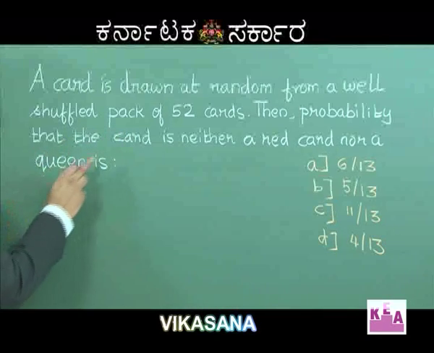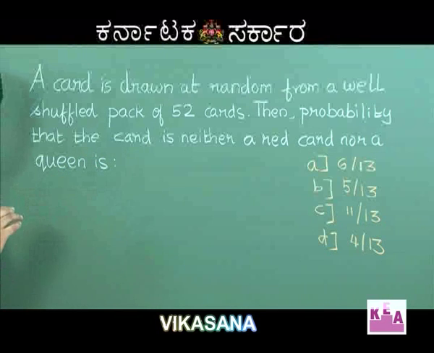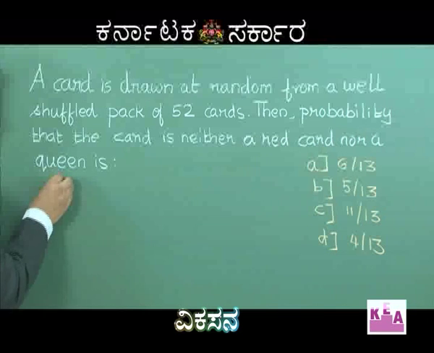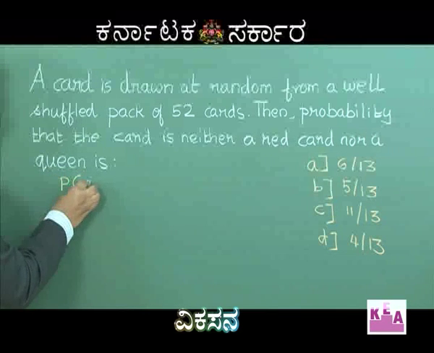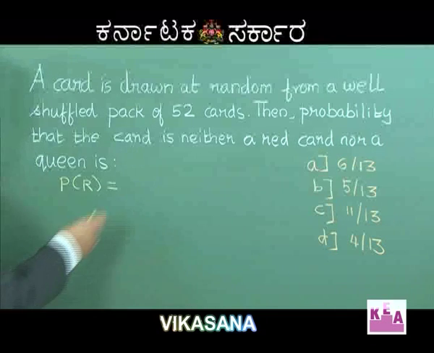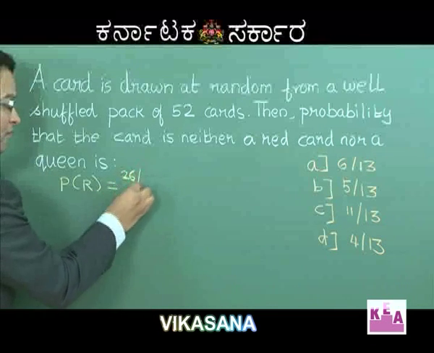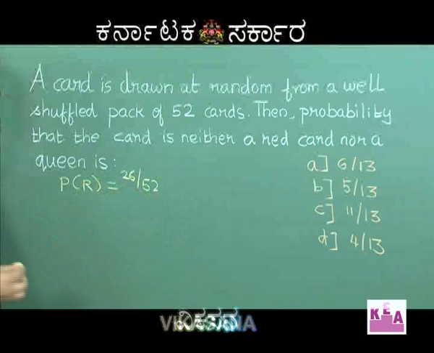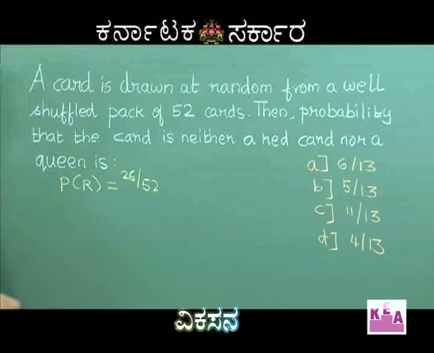So let R represent the event that we are drawing a red card. Then the probability of that event, P of R, the probability that the drawn card is red, is going to be 26 divided by 52, which is 1 upon 2.